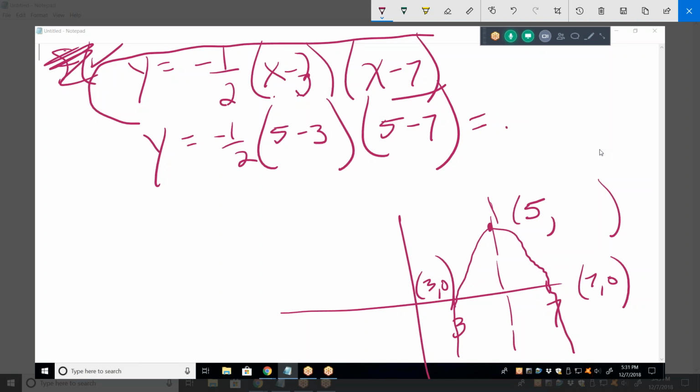Which means that's 2 right there. And now I have my 3 points. In other words, just go to your graph, plot that point, plot that point, plot that point, and connect them with a parabola.